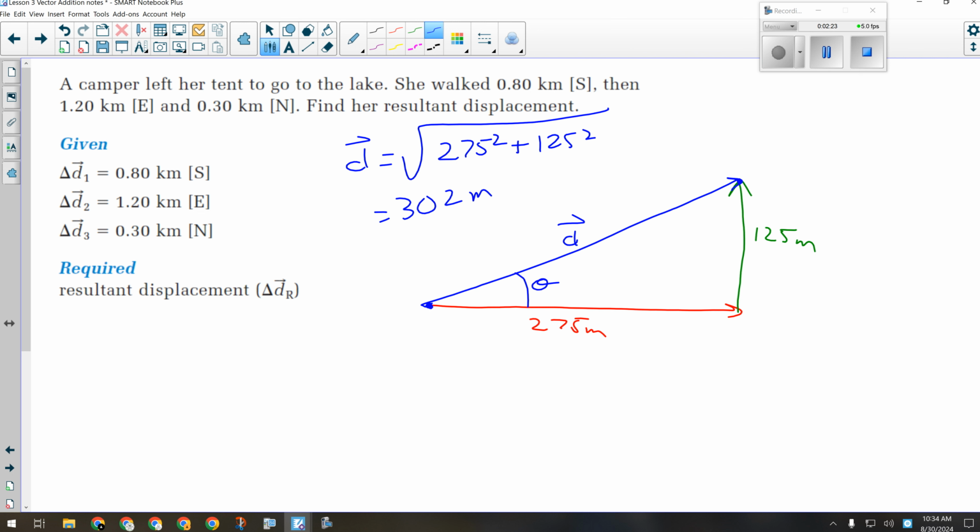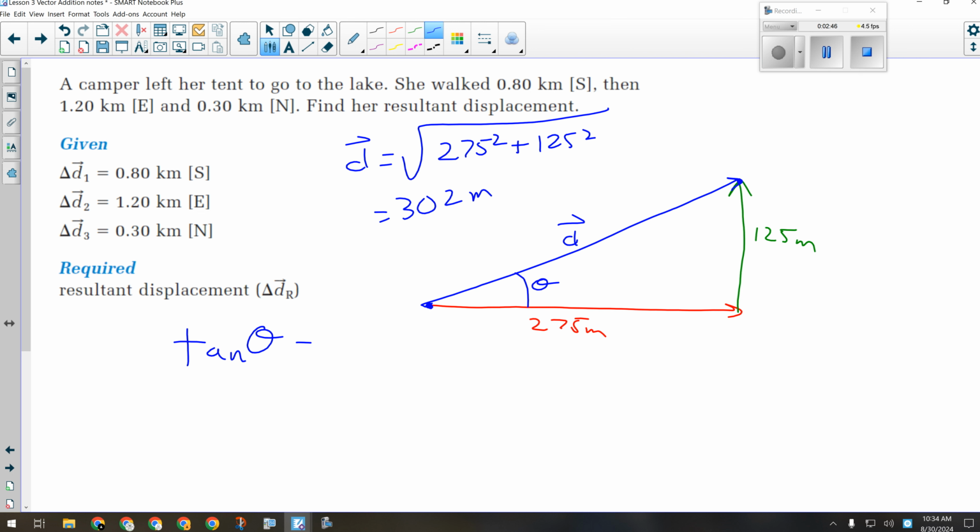So if I messed up this calculation, I'll still get the angle right because these weren't the numbers I calculated. That's just me, but you could use any trig function you wanted. So if I'm looking for this angle here, and I'm using this side, which is opposite that angle, and this side, which is adjacent to that angle, I'm going to do this.